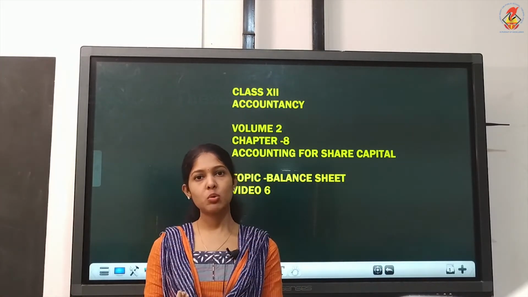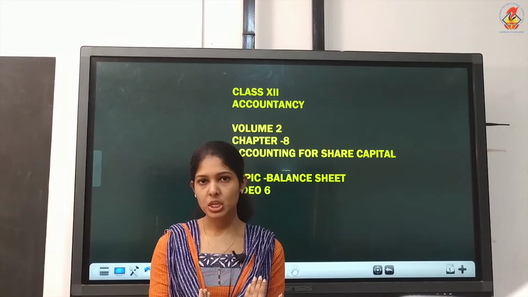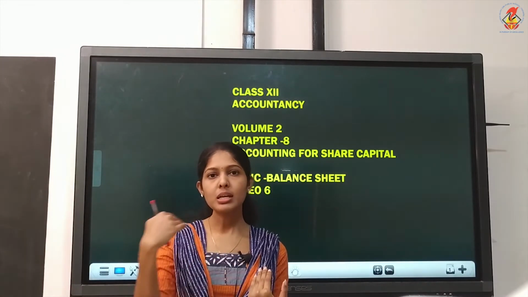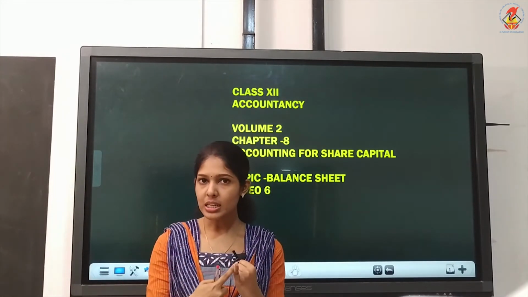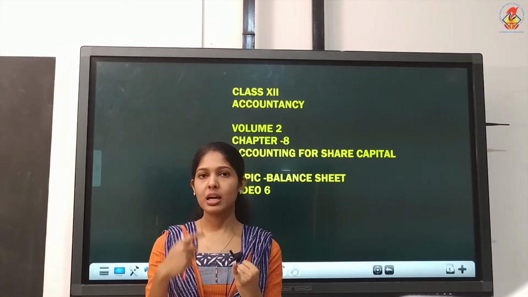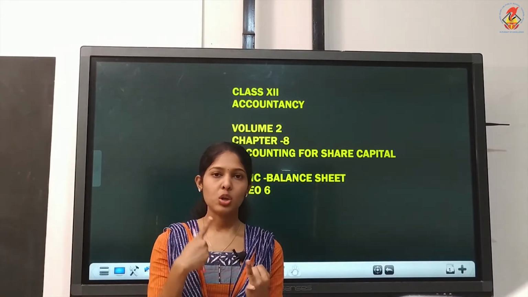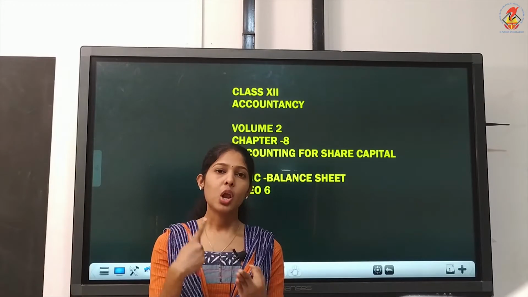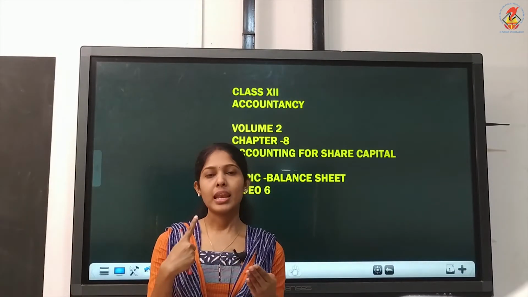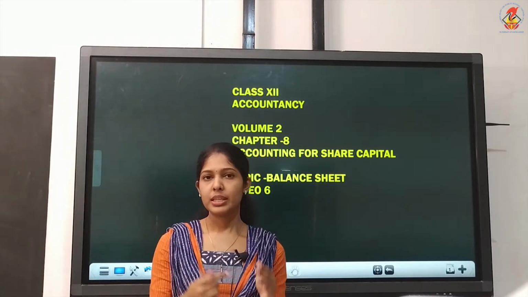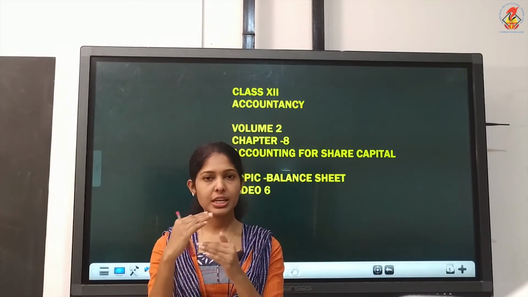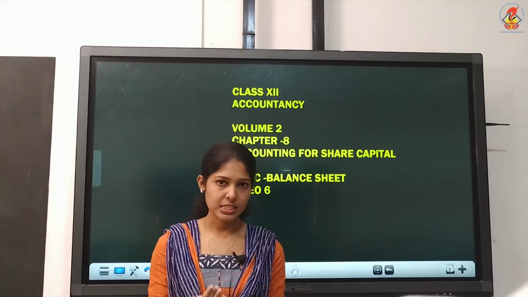And on the same side, we will be writing the asset section, which is divided into non-current and current assets. Under non-current assets, we have fixed assets, non-current investments, long-term loans and advances, and other non-current assets. Fixed assets are again divided into tangible and intangible.